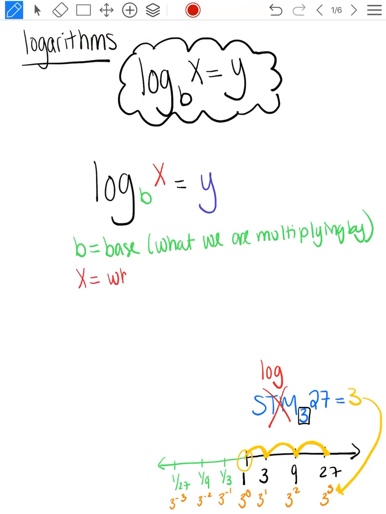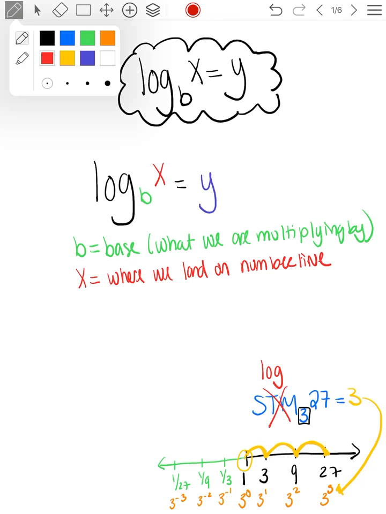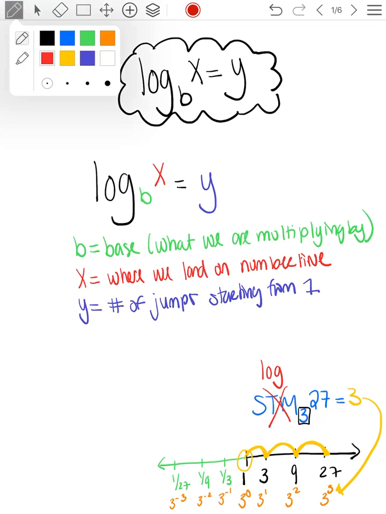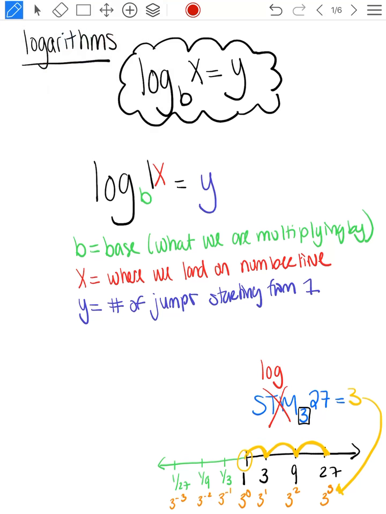x, we talked about, is where we land on the number line after taking a certain number of jumps, and that number of jumps is y. So y is the number, that's not a hashtag, it's a number symbol, number of jumps starting from 1. And we've done problems where the thing we're trying to find can be any of those 3 things.